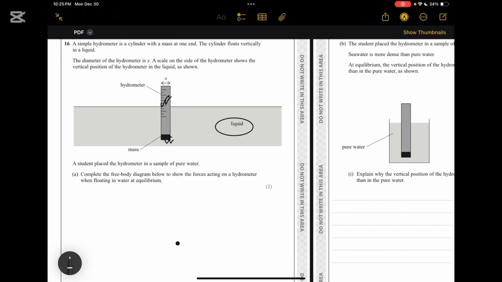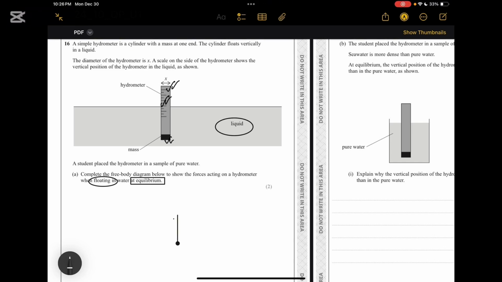Okay, so as they have mentioned that it is floating, the only two forces acting on the hydrometer are the upthrust and the weight. So both of them must be equal, as it is floating and it is in equilibrium. Equilibrium means all the forces are balanced. So let's write it down.